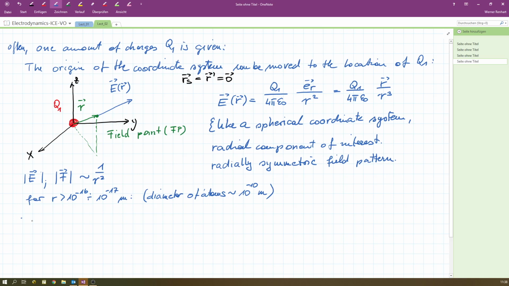For smaller, let's say smaller than 10 powers minus 16 to 10 powers minus 17, then we have quantum electrodynamics.